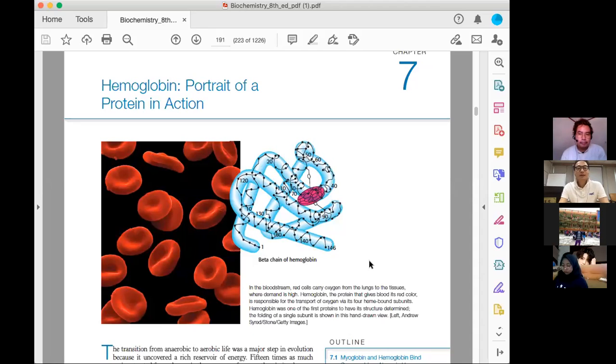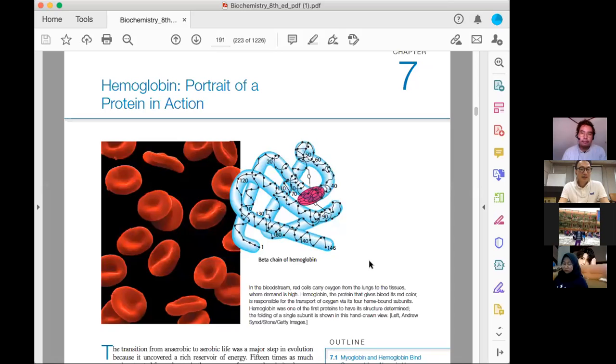Good, very good. So you understand that in the blood, all oxygen is carried by red blood cells. To be more specific, it is the hemoglobin inside the red blood cell. And you also understand that the oxygen is enriched in your lung.